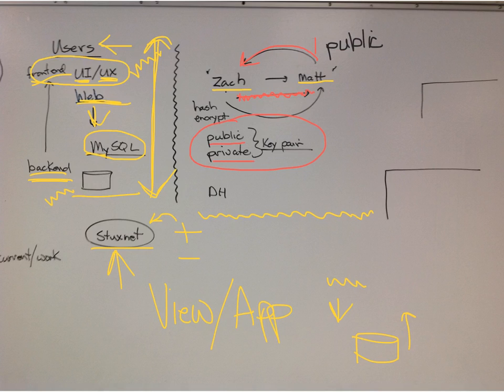Now Matt can decrypt it with his private key. Okay, so that'll work. Since Matt's private key is the only one, he's the only one that has that, so he's the only one that can decrypt the message that was encrypted with his public key. So we have a key pair. Now Zach can have a key pair.